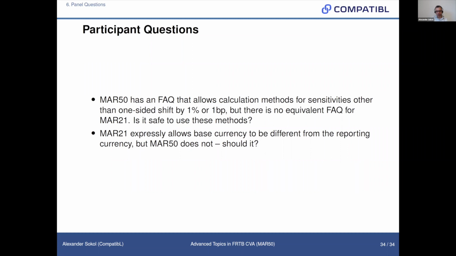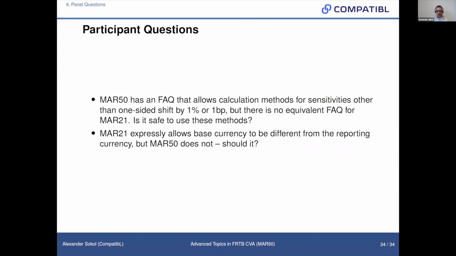And conversely, which is a slightly different type of question, MAR21 allows the base currency to be different from the reporting currency, and it would be logical if MAR50 also allowed that, but it doesn't. So I think there are different ways this goes absent further clarification. In the first one, I would probably feel safe using these methods, meaning adjoint differentiation or just analytical formulas for sensitivities, even if there is no FAQ.